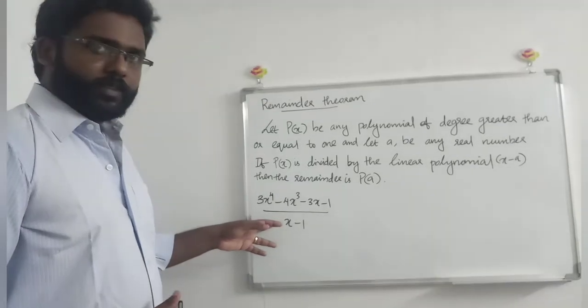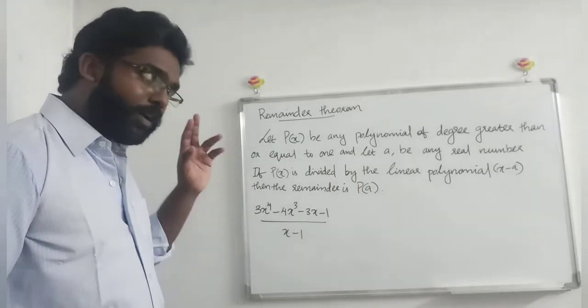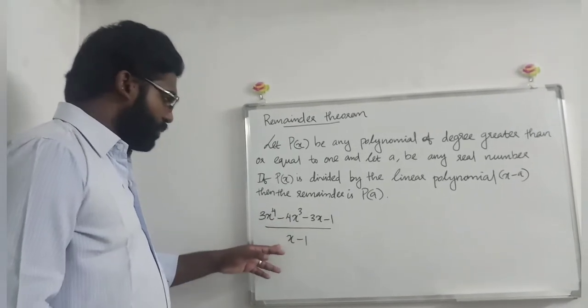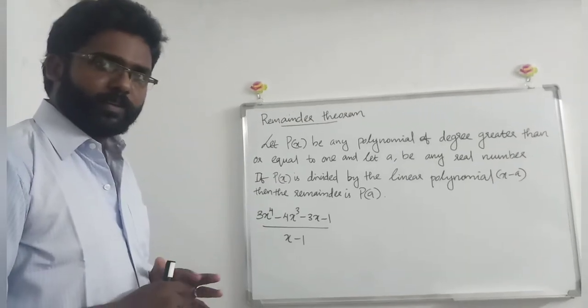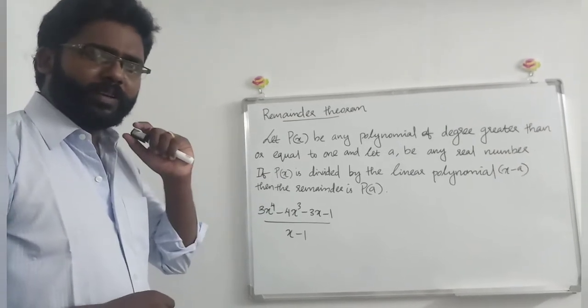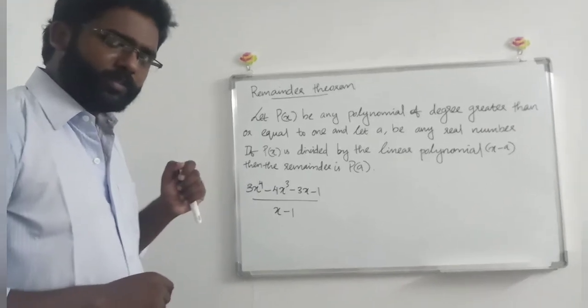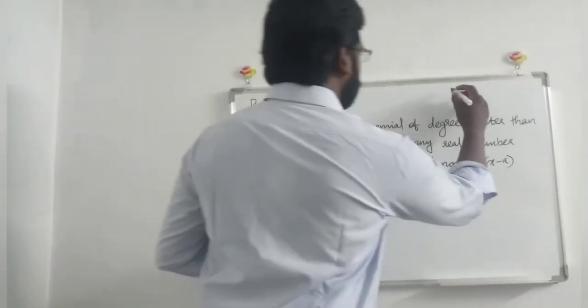Did you see the question? We already did this question in this class on long division. We divide this polynomial by this polynomial, and we get a quotient and remainder. Do you remember the remainder? The remainder is minus 5, obtained there.